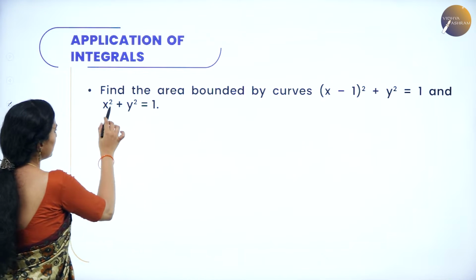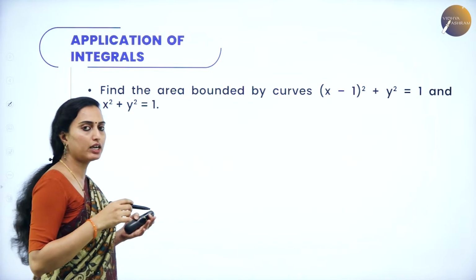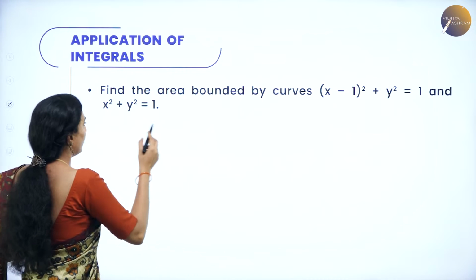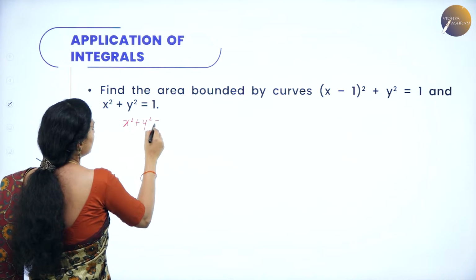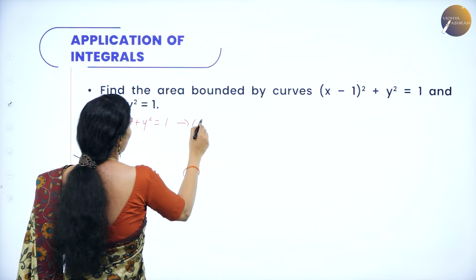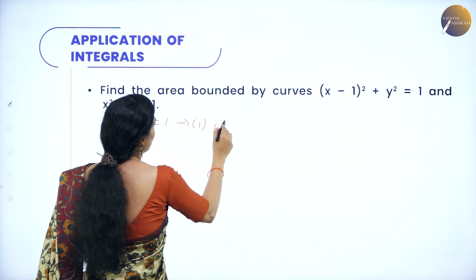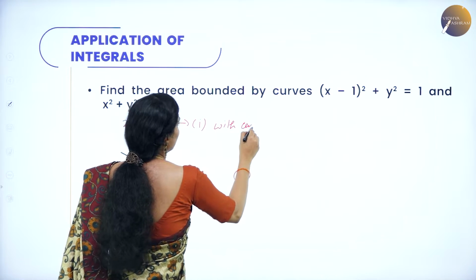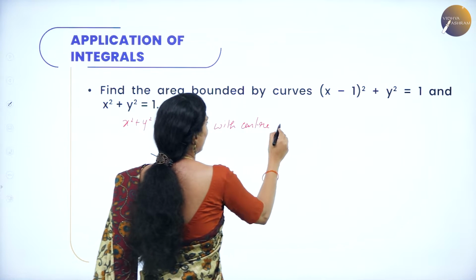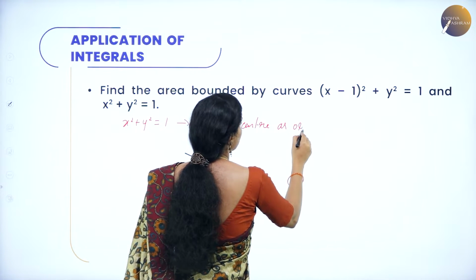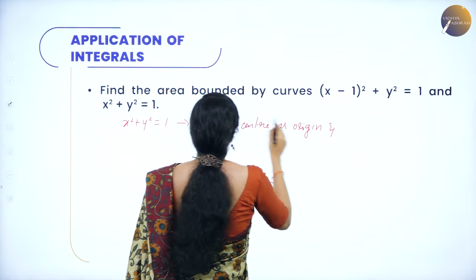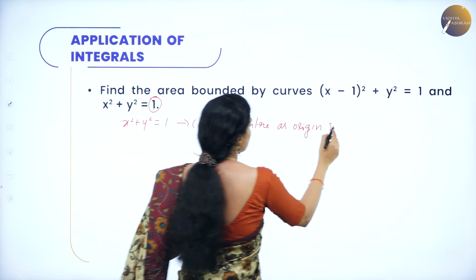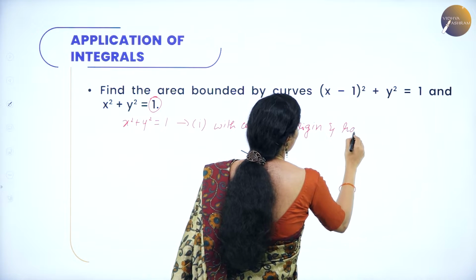Here also x minus a, y minus b, where a and b are nothing but the origin. So therefore, let me take it as x squared plus y squared is equal to 1 is a circle with center as origin and radius 1 squared, means radius 1 unit, correct?